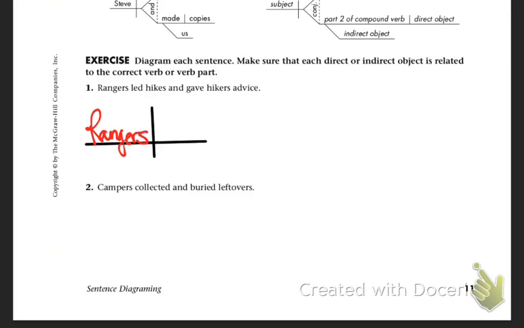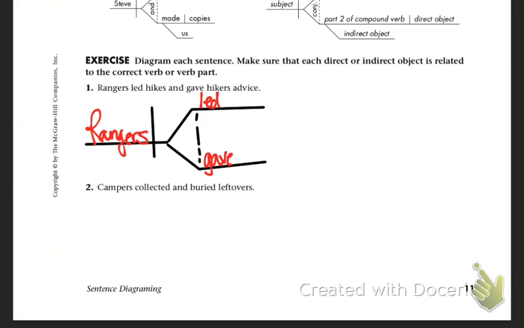They led and gave. So I got to erase that. So then I need my conjunction triangle, don't I? And I need the forks, yes? They led and gave.